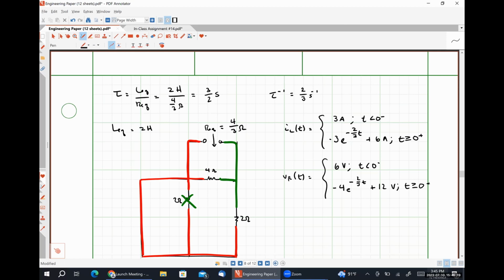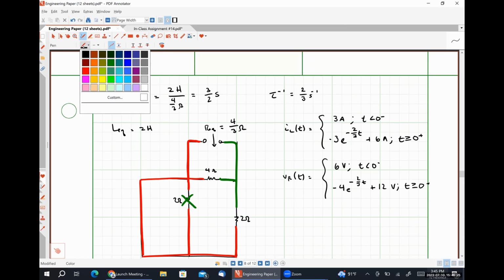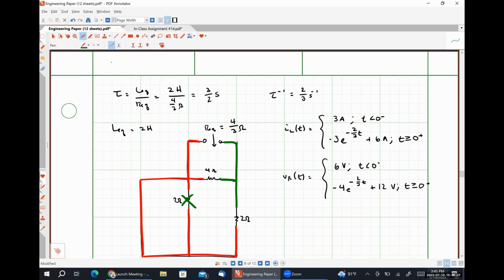The -3 on the E to the -2/3 T for IL, again, where did that come from? I keep getting lost in that part. Yep, so that is IL at 0 plus, which was 3 amps, minus IL at infinity, which was 6. So 3 minus 6 is -3.